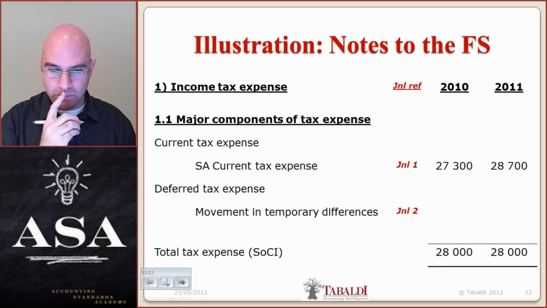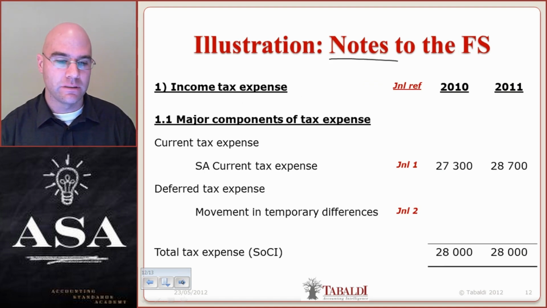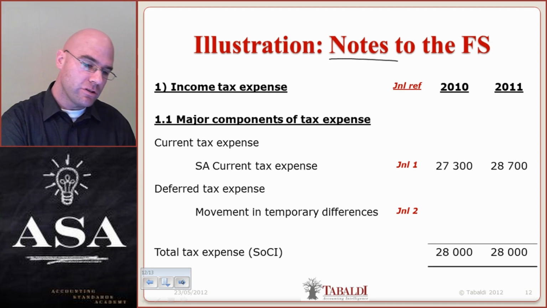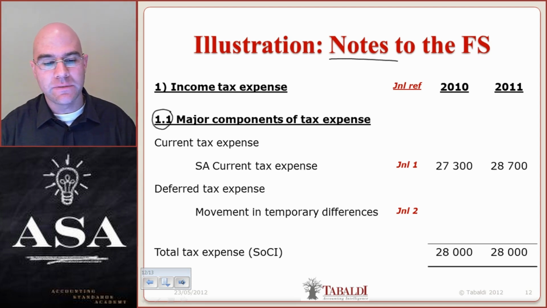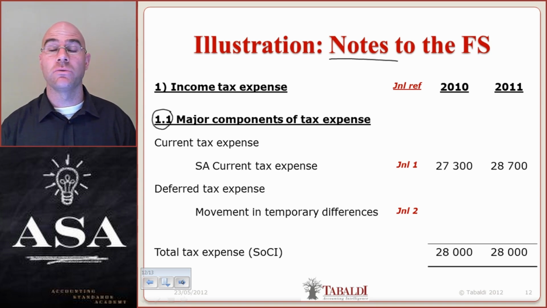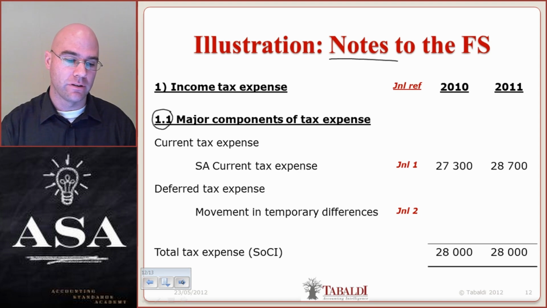To finish off, let's have a look at what the disclosure in the notes to the financial statements, very simplified, would look like. The first note that you always need to do is your income tax expense. And the income tax expense note is made up of two items: the major components of tax expense, as well as your tax rate reconciliation. Because there's no reconciliation required for this illustration, I'm only going to do the major components.